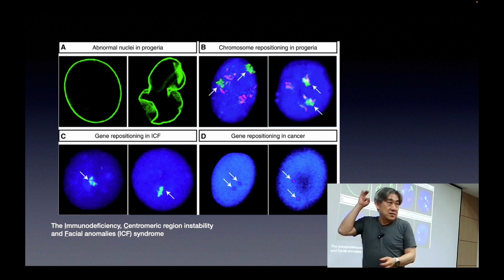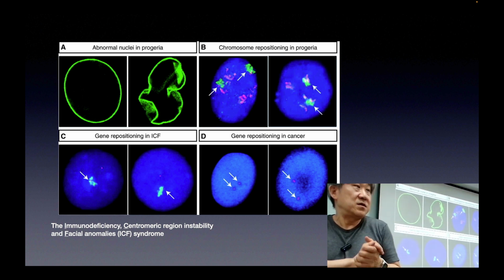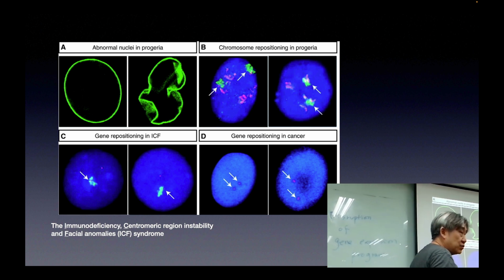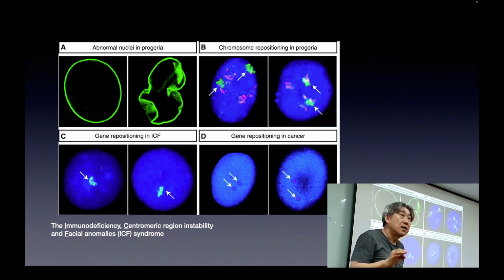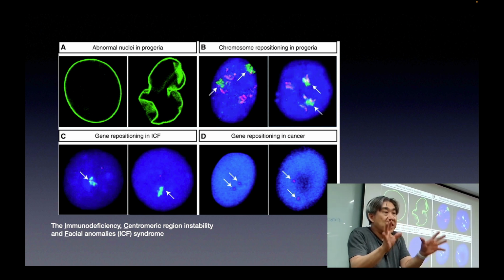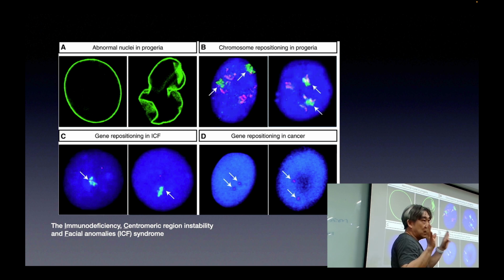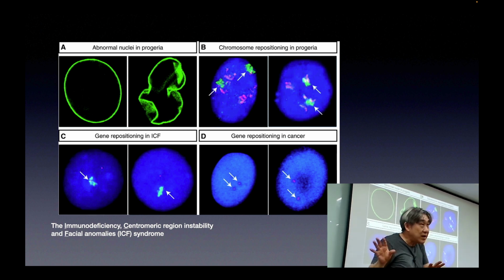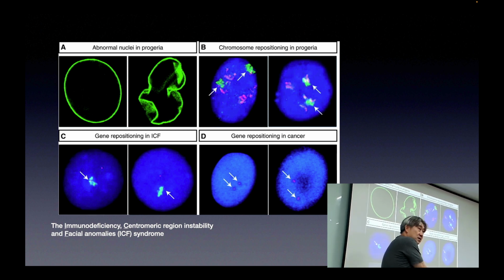In other words, chromatin territory maintenance turns out to be very critical in maintaining healthy cellular life. Otherwise, if you fail to maintain such chromatin territory, very unfortunate diseases like progeria, cancer, and immune disease happen. That is the message.